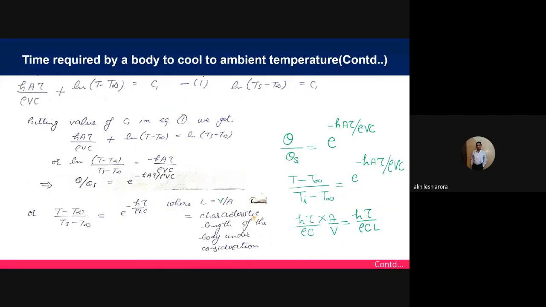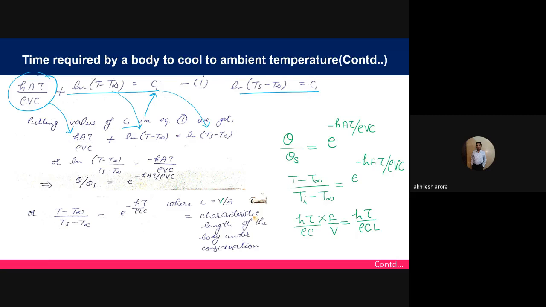So this was the equation with C1. The value of C1 came out to be this, and now we are putting the value of C1 in the above equation. You can see the same term hA tau over rho VC, and then here we have log natural of T minus T infinity, and in place of C1 we are writing Ts minus T infinity.